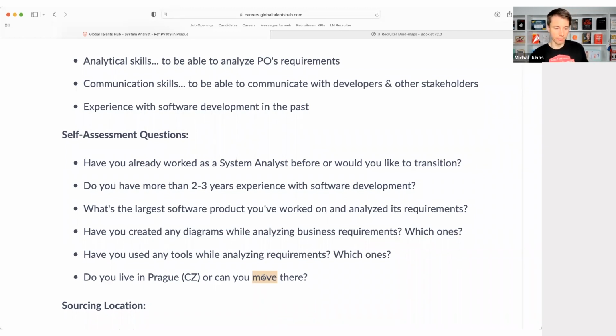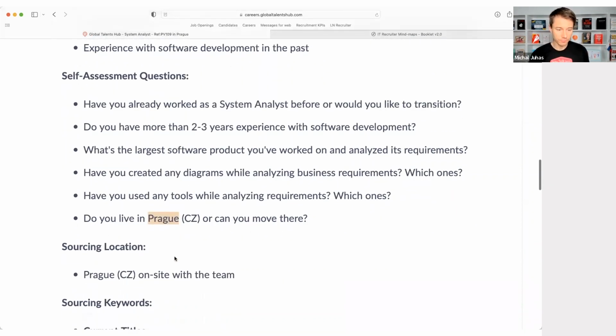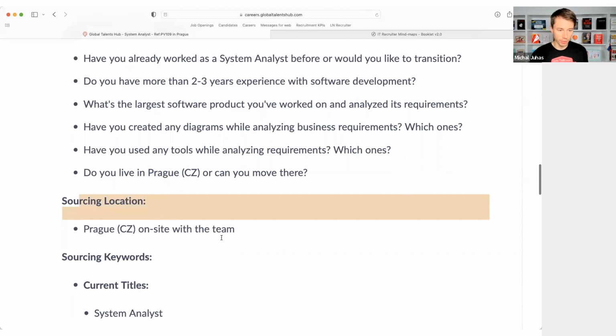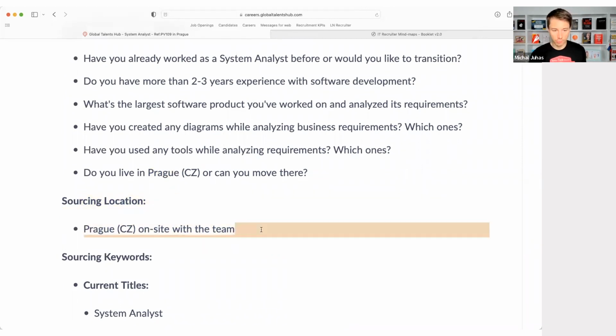So if someone who lives within the Czech Republic, someone who is local but does not necessarily live in Prague, in the capital city, but would like to move from another city close by to Prague, that would be a great fit. So that's why the sourcing location is only Prague, the Czech Republic, on-site with a team would be the work.